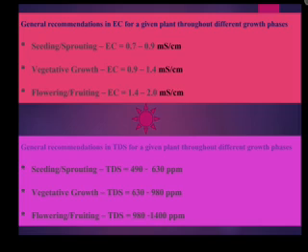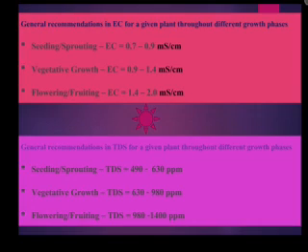So that is not good. What madam is telling is, you have to make your own TDS by adding different salts. Good salts like NPK, calcium, magnesium, manganese, when we add all these salts, this ppm should come.